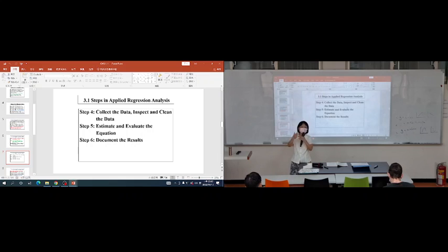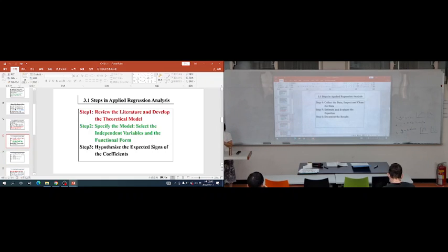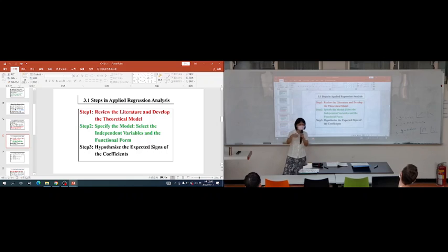That's really the opposite way. Correctly evaluating the equation is based on what? Based on the third step, your hypothesized expected signs of the coefficients. It's not based on the result you have.